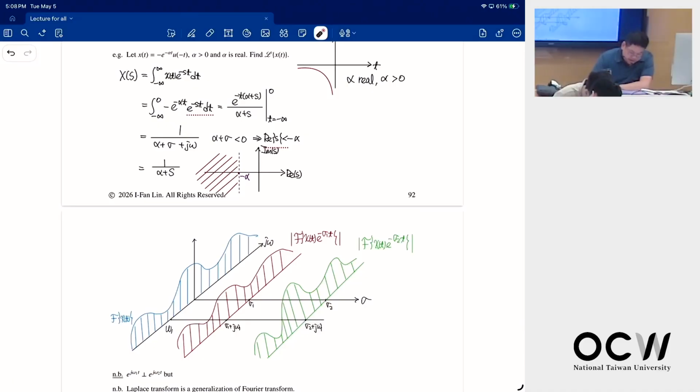Here you can see that this is the Fourier transform. For the Fourier transform, we focus on the frequency, so only on the imaginary axis. But for the Laplace transform, if we do the Fourier transform of x times the exponential to the minus sigma 1 t, then it's here.